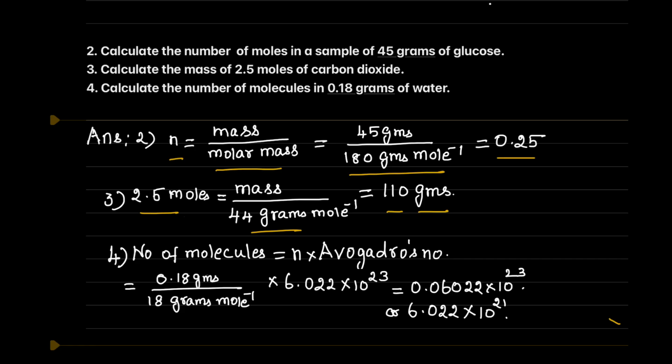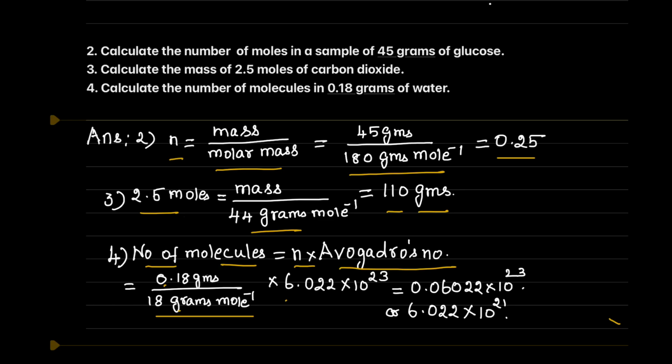Next, substituting in the formula that the number of molecules is equal to n into Avogadro number, we get 0.18 grams divided by 18 grams per mole into Avogadro's number 6.022 into 10 to the power of 23.